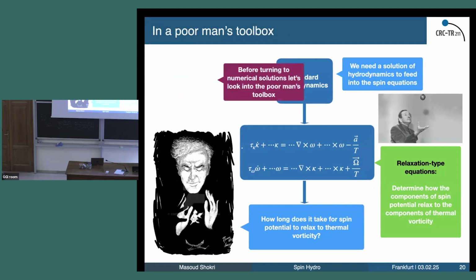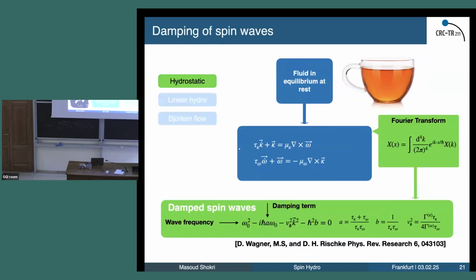Before turning to numerical solutions, which others already did, we can take a look at what is inside the poor man's toolbox, and we have the simple things: hydrostatic, then linear hydrodynamics, and then Bjorken flow. Let's first think about fluid equilibrium at rest. This is your fluid at rest, and you keep it at rest while you excite the spin.